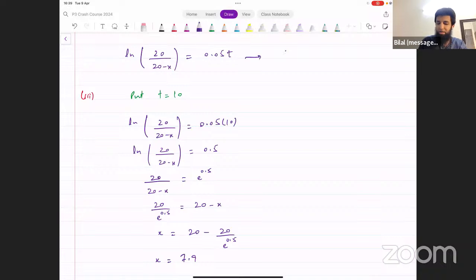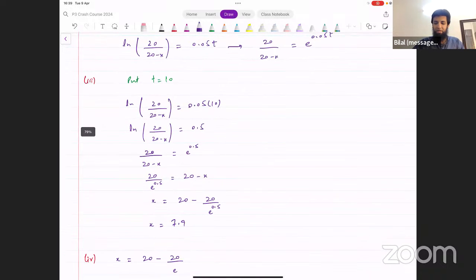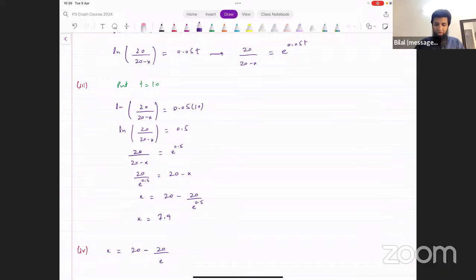So this could be written as 20 over 20 minus x equals e raised to the power 0.05t. And then when you rearrange everything, instead of e to the power 0.5, you would have 0.05 times t, right? This is what it would look like when you have x in terms of t.